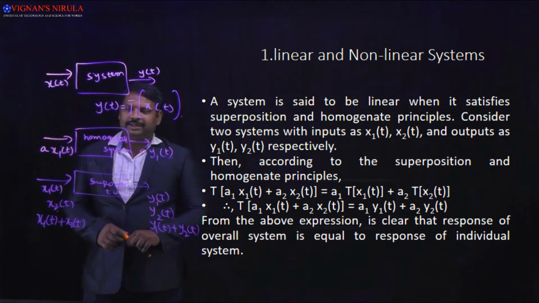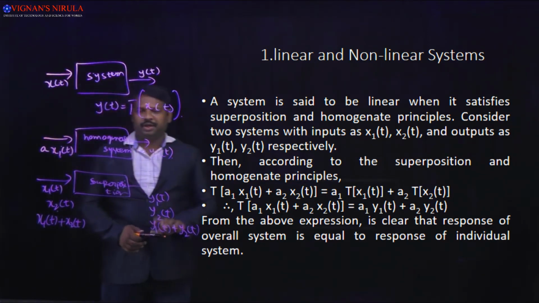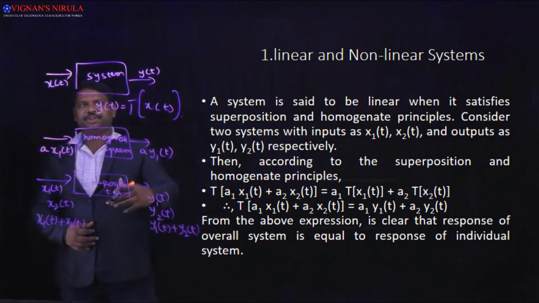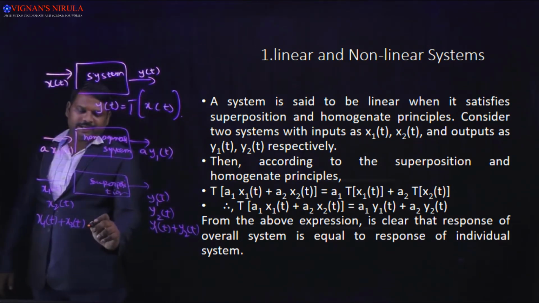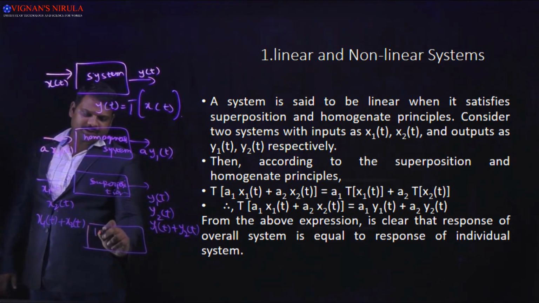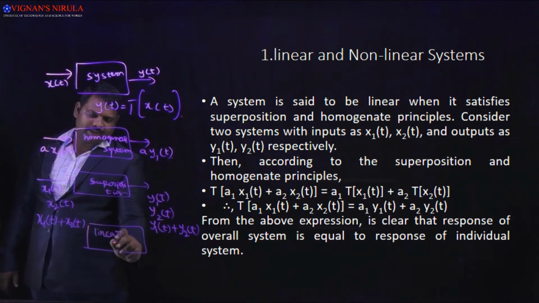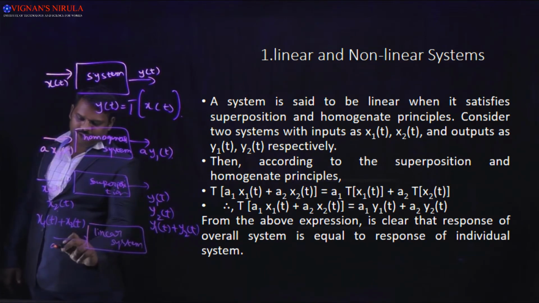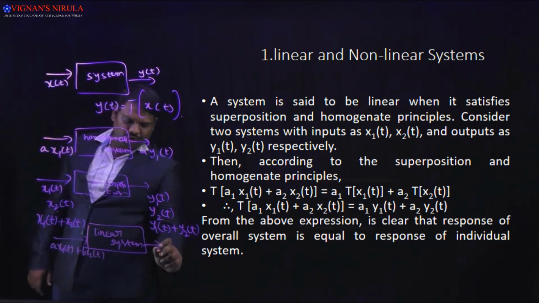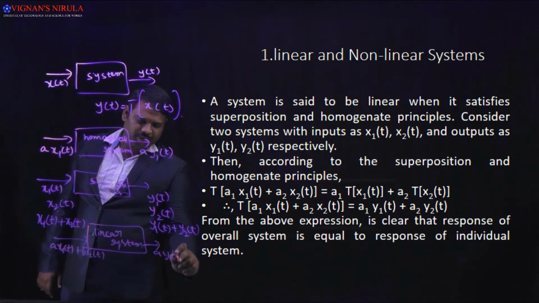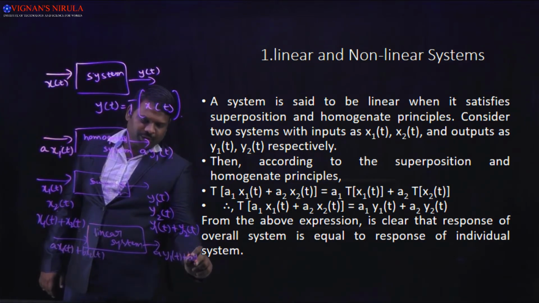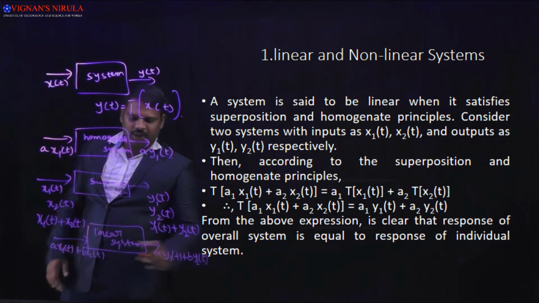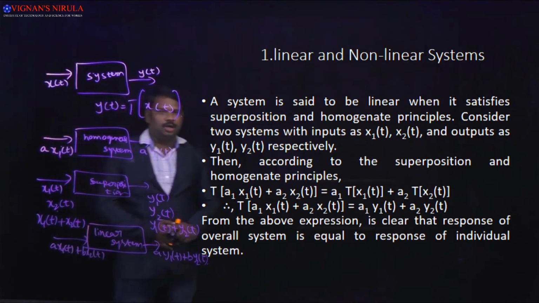When we combine these two, it is called a linearity system. That is, when we take the input as a into x1 of t plus b into x2 of t and produce the output as a into y1 of t plus b into y2 of t, then it is called a linear system.